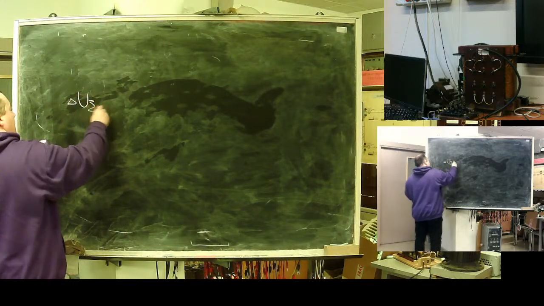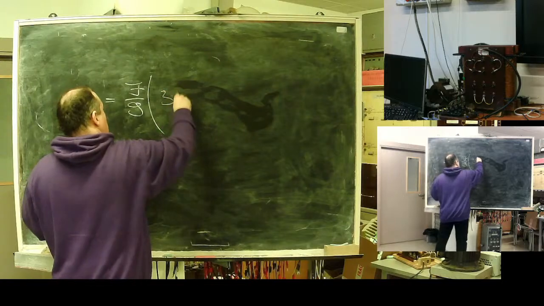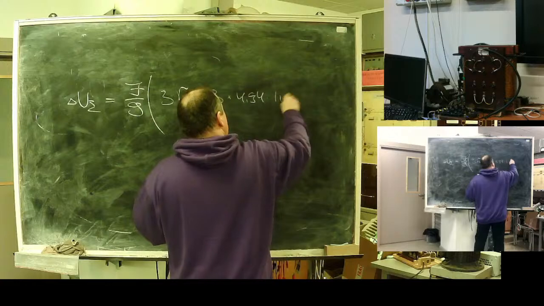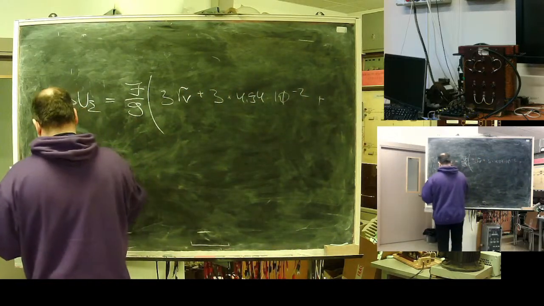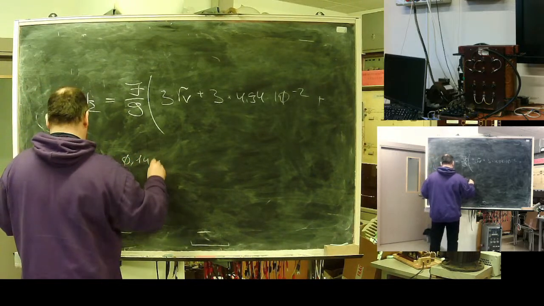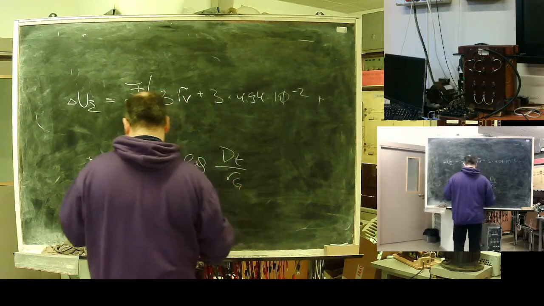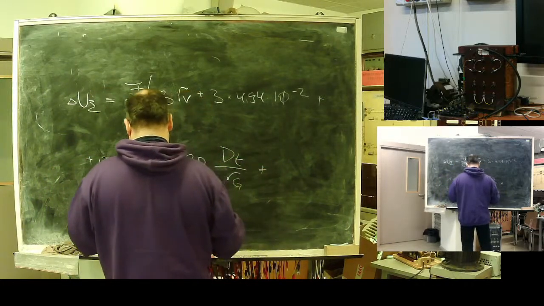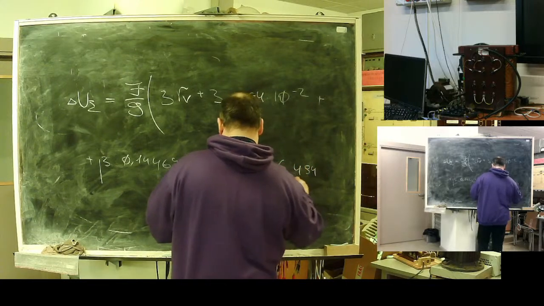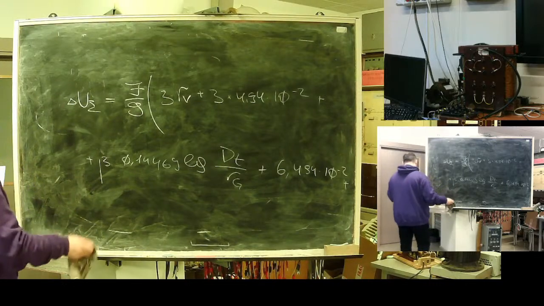So, for the whole line, I will have multiplied by plus 3 multiplied by 4.94 plus 3 multiplied by 0.1469 logarithm Rg plus 6.494 plus, my board is ending.